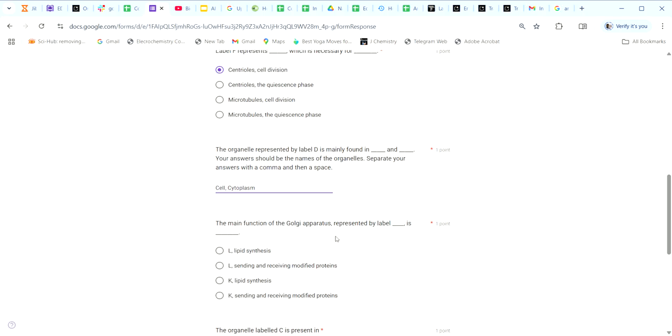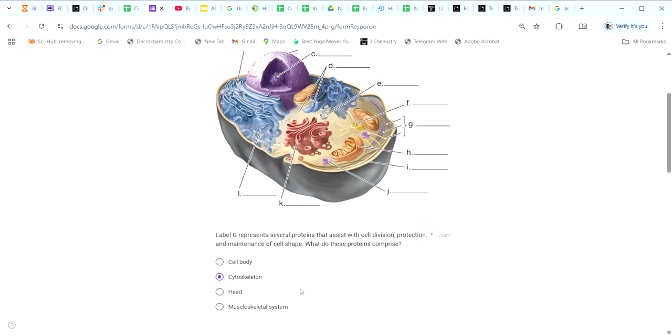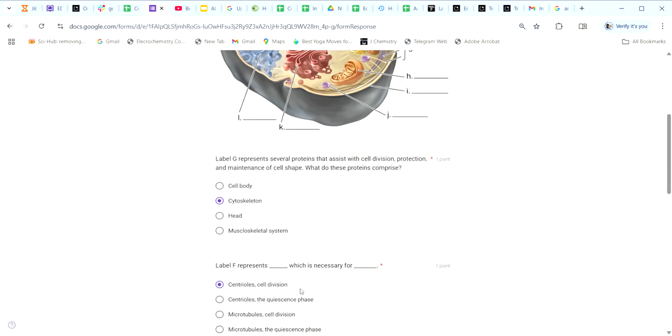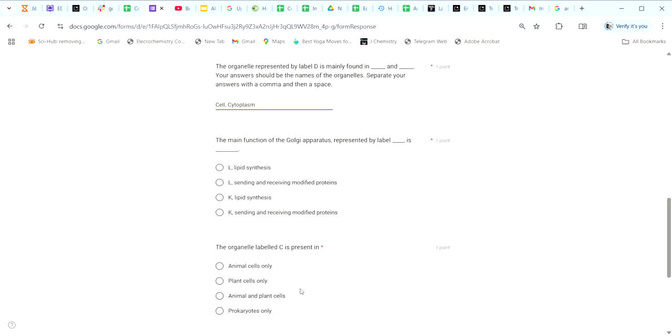So represented by level K, what is its function? Sending and receiving modified proteins. I think it will be correct. Lipid synthesis or sending and receiving modified protein. I think it will be K and sending and receiving modified protein.